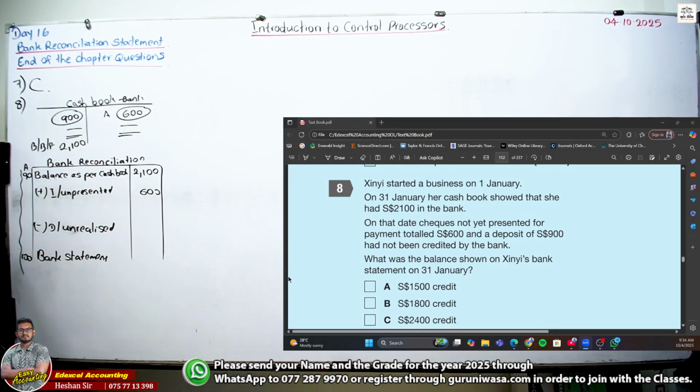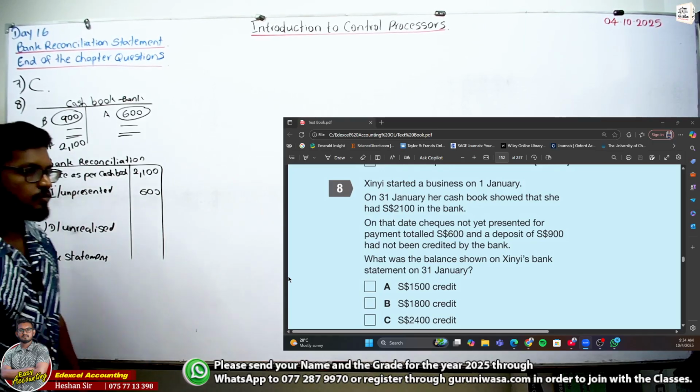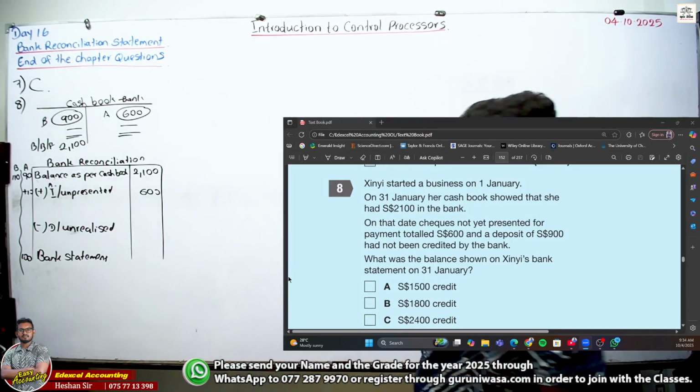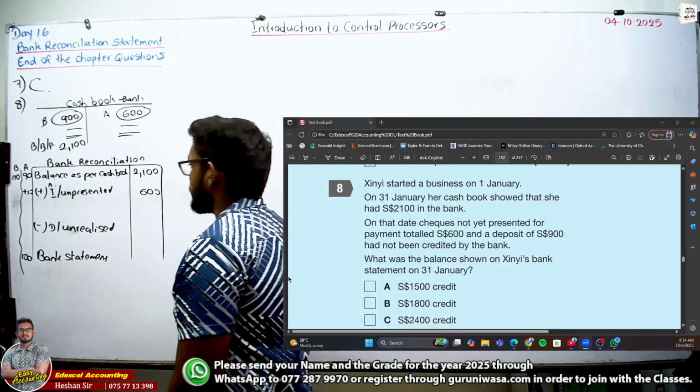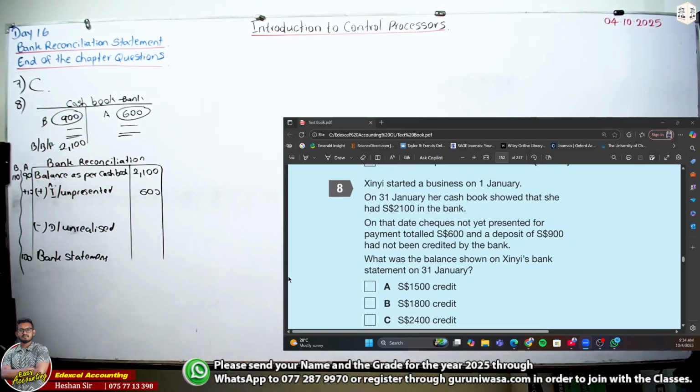That's why we add it. If I take the base as 100 for both, the balance is 110. Or you can write just the 100. Since it is not deducted, not added to the bank statement, the bank balance is still the same. So 100 minus 10, which is deducted.